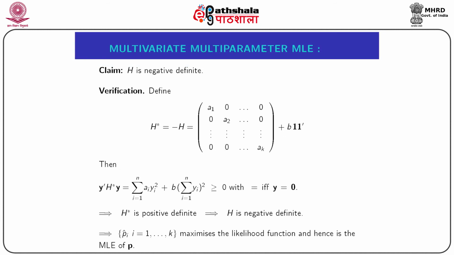Thus, the H matrix, or the Hessian matrix, can be described in terms of a1, a2, ..., ak and b. Now, it is our claim that the matrix H is negative definite.